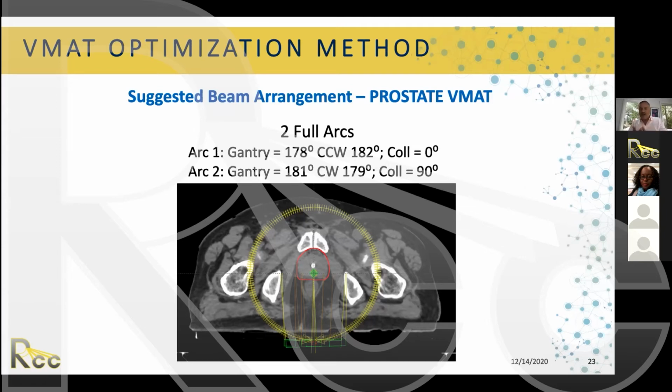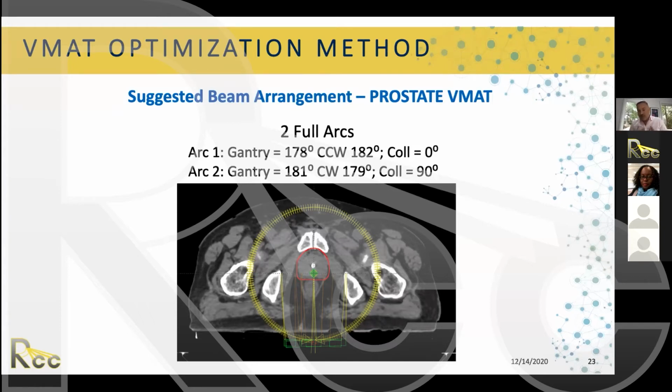For example, with a Varian machine, they always say one should be 30 and the other should be 330, so that you get rid of that interleaf leakage and the algorithms can handle it better.